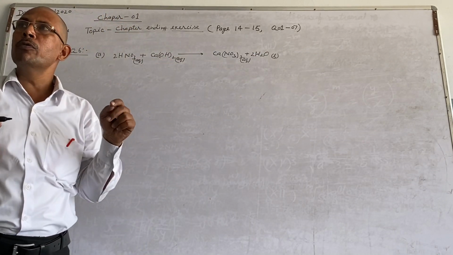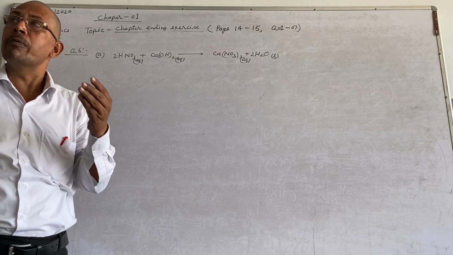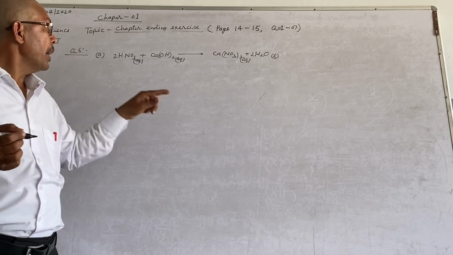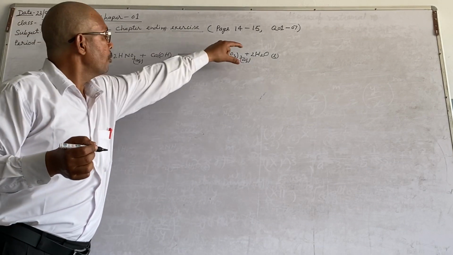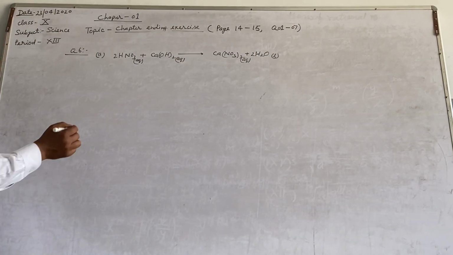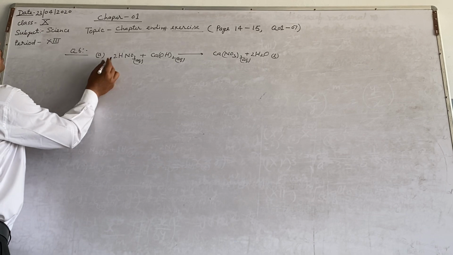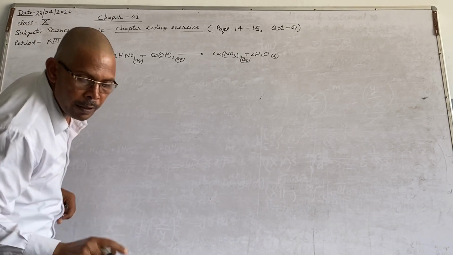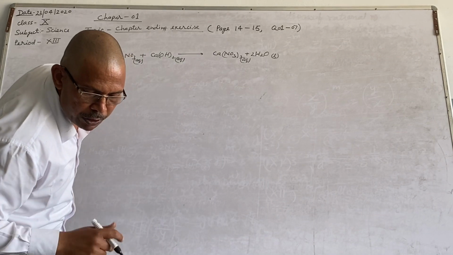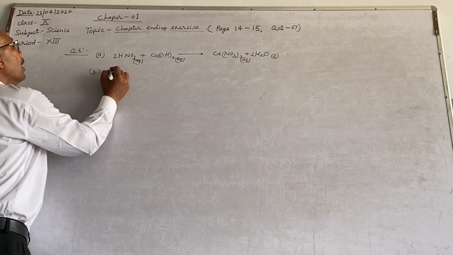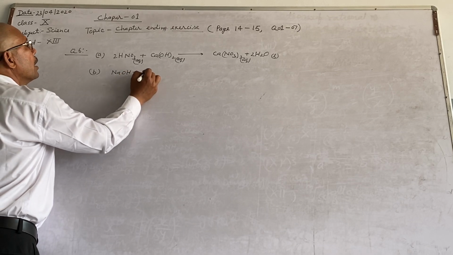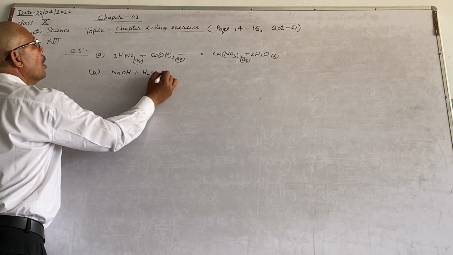Although I have told you how to balance a chemical equation, you should try yourself and finally compare with the correct answer here. B part. NaOH plus H2SO4.